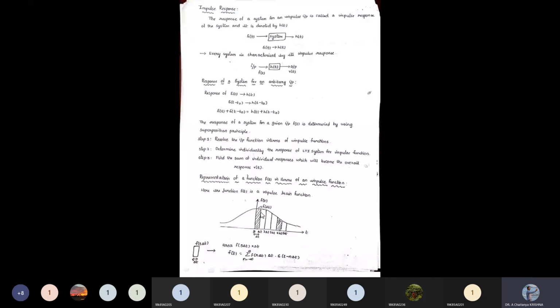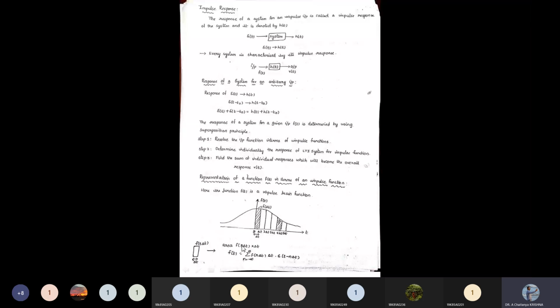Now the total area of this pulse we can write as f of n del t into del t.